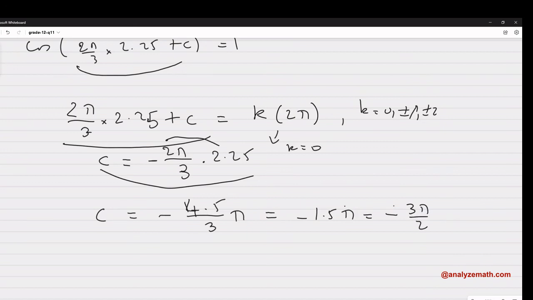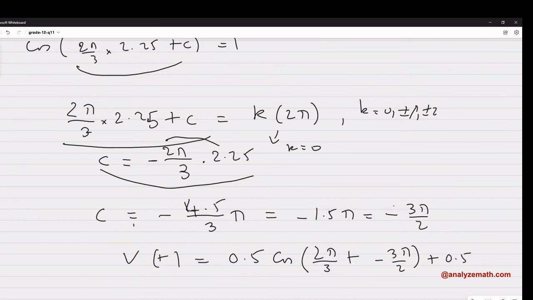3 divided by 2, 1.5, and therefore the equation of the graph is written as 0.5 cosine 2 pi over 3 t, c, it's minus 3 pi over 2, that's what we found now, plus 0.5.